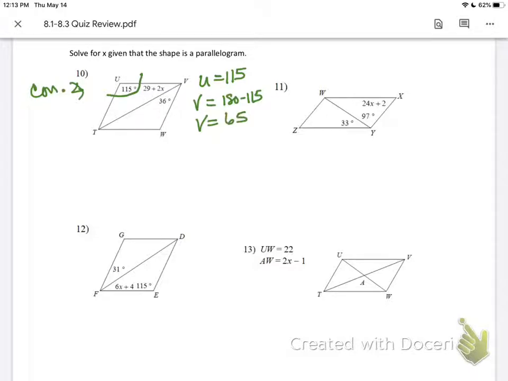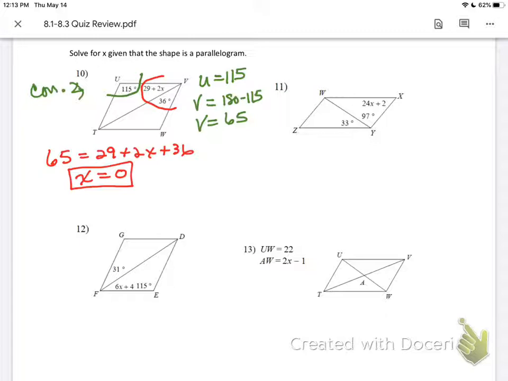Okay, so what are v's components? These red guys make up v. V has just been cut by a diagonal. So if 65 has to be equal to 29 plus 2x plus 36, I can do my math and I find that actually x equals 0 in this situation. So x is 0 is a legitimate answer there.